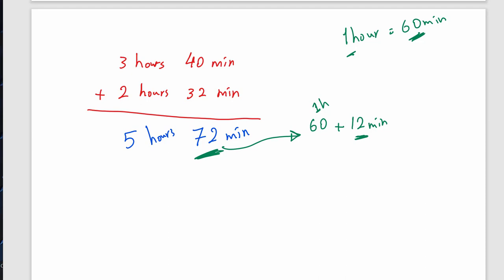We will add 1 hour to the 5. So the total number of hours now, wait, someone is using the mic. Okay, now it's off. How many hours do we have? We have 5 and another 1.